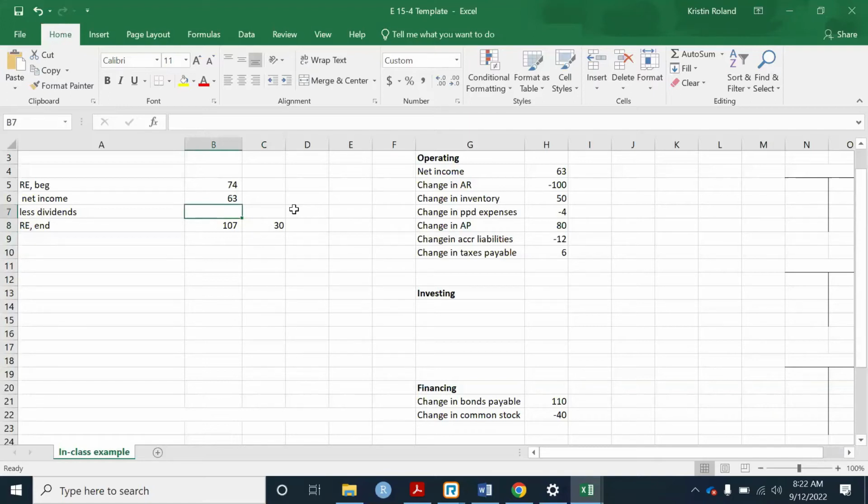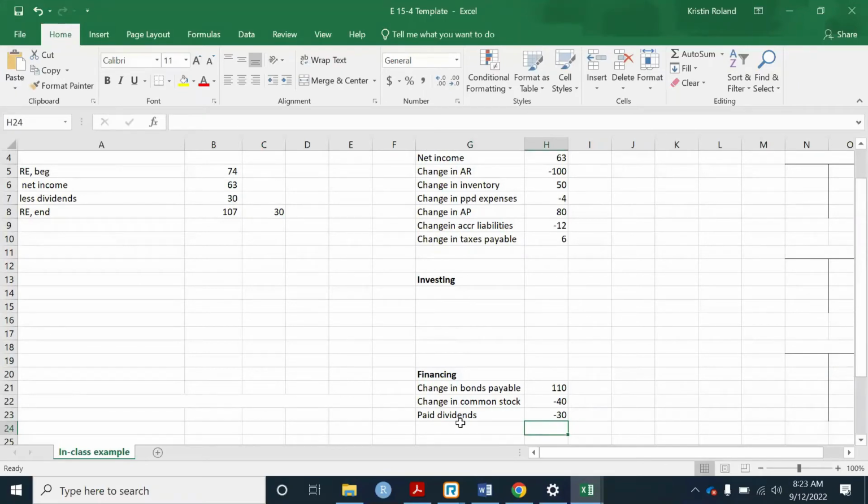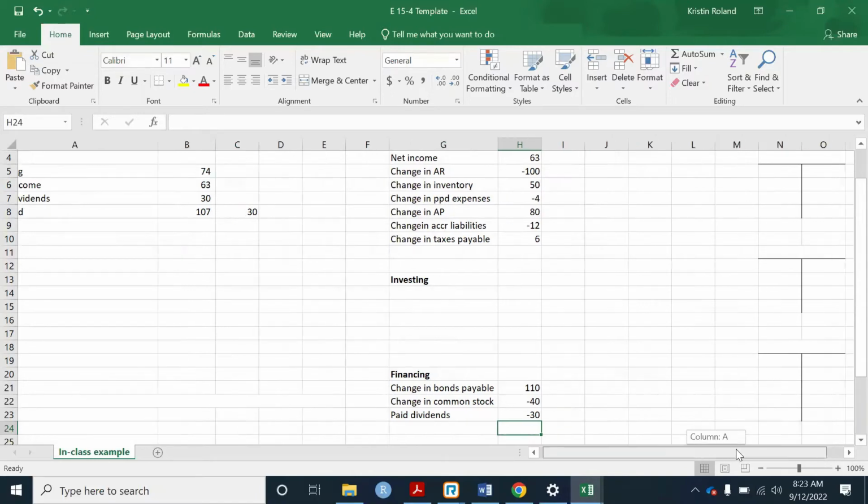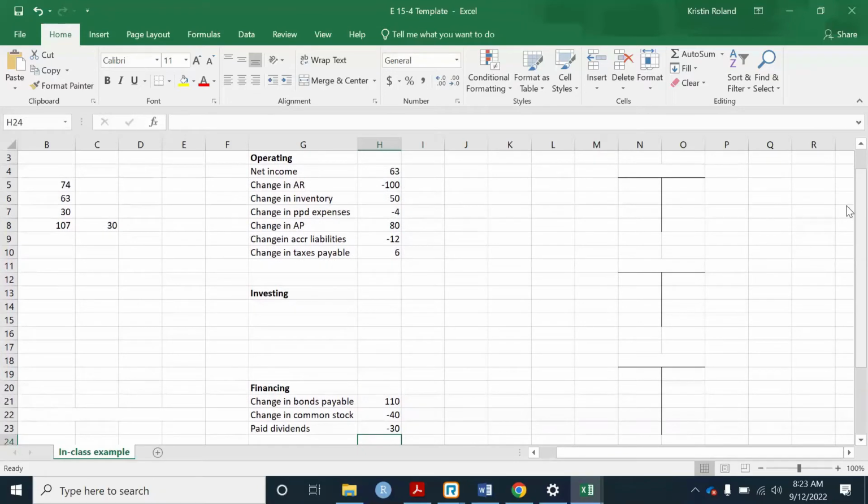If you add the top two and subtract this, that tells you what number needs to go in there. Does that make sense? So we figured out that dividends has to be 30. Where does that 30 go? Good. Is that a positive or negative number? Negative, because we paid out dividends. Everybody good? Questions?